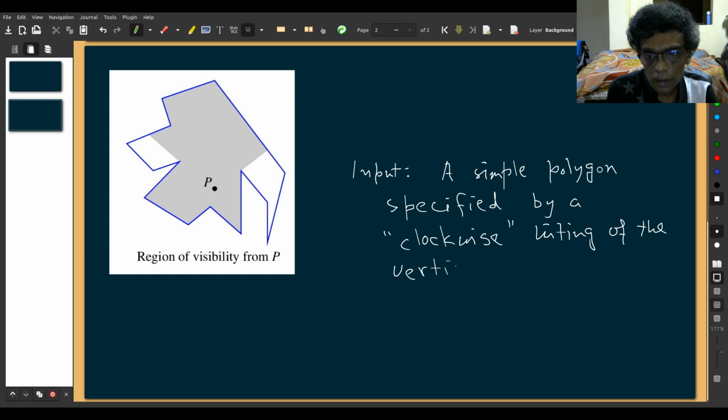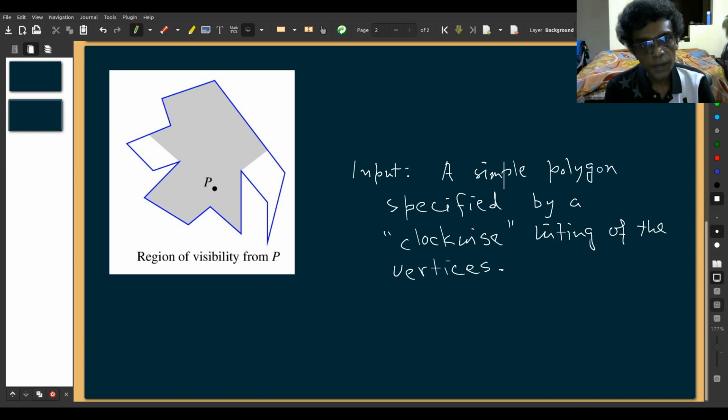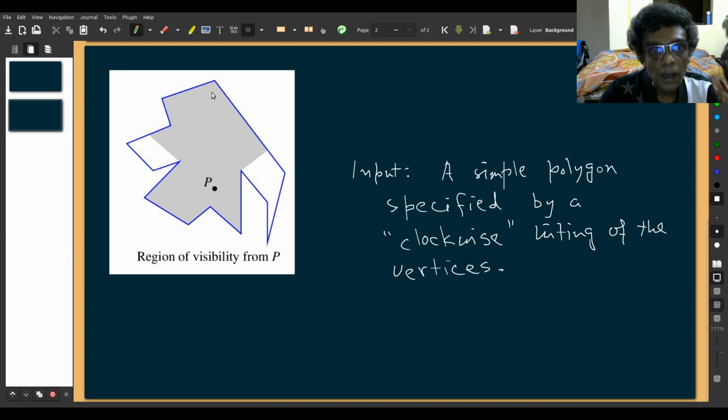Okay, but clockwise we have seen does not make enough sense. By clockwise that meant if I follow this listing, then the interior of the simple polygon will always remain to my right. So it is this direction. So this sequence of vertices is provided such that if we move along the boundary following this listing, the interior will be always to my right.